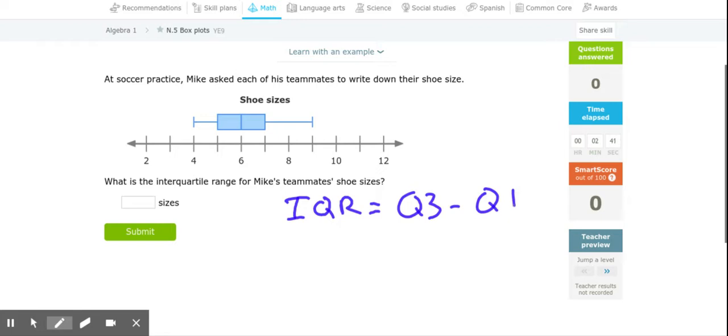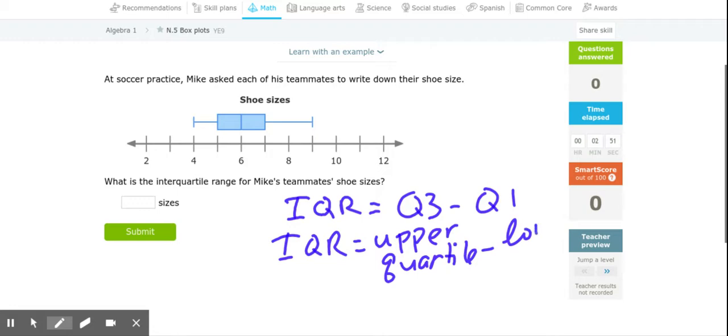So in other words, IQR, interquartile range, equals upper quartile minus lower quartile. So in this case, the upper quartile is here, and the lower quartile is here.